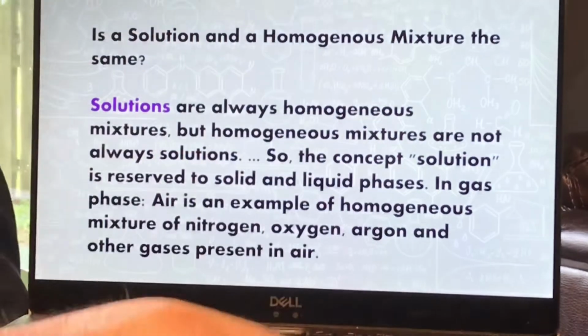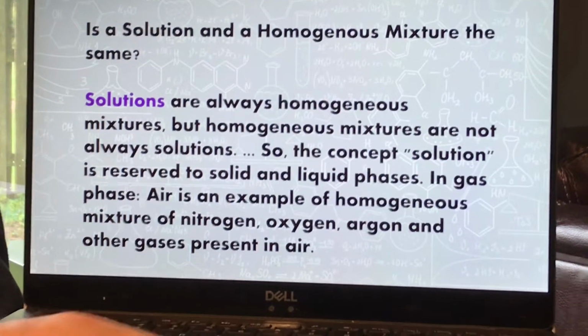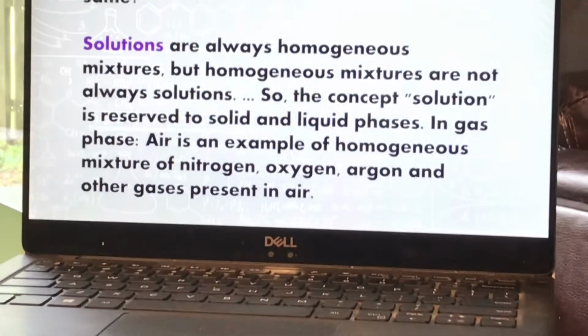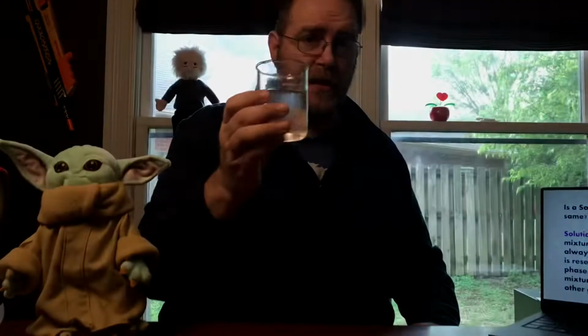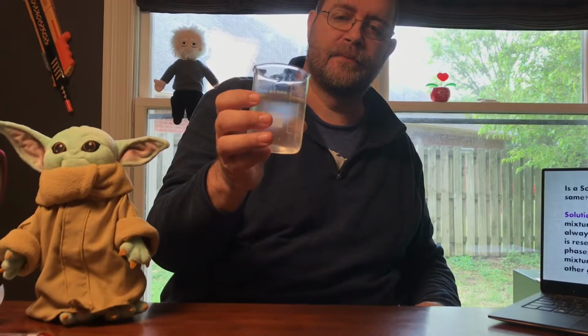Air is an example of a homogeneous mixture of nitrogen, oxygen, argon, and other gases. So the air that we breathe is not a solution, but it is a homogeneous mixture. Salt water is a solution and a homogeneous mixture.